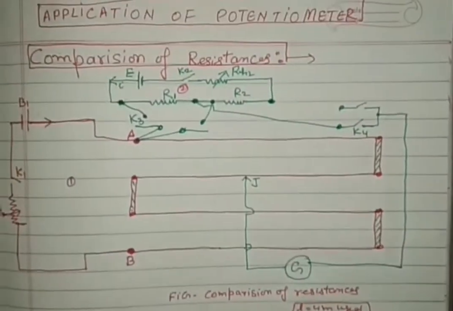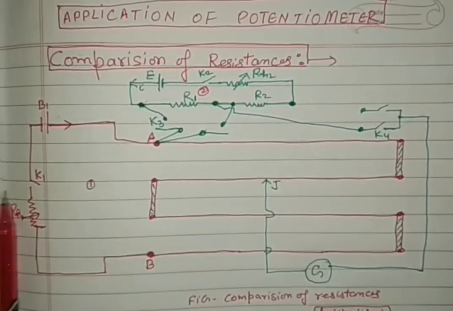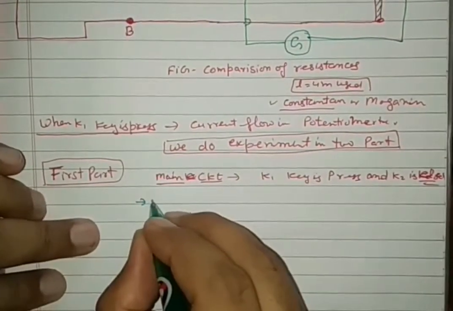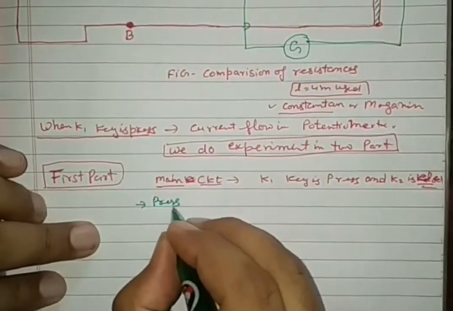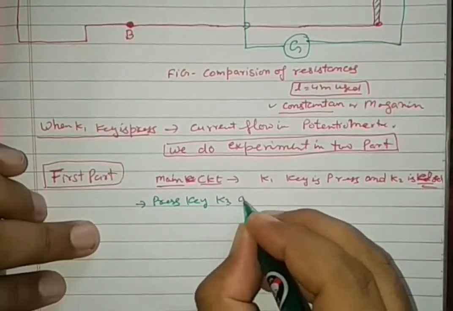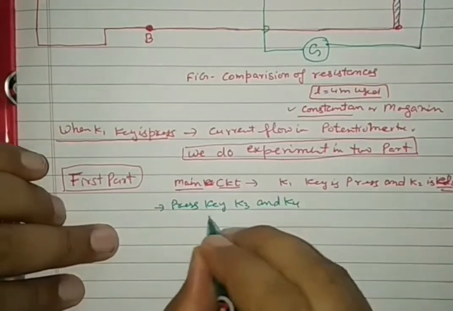Two circuits we closed first. Thereafter we will press keys K3 and K4.